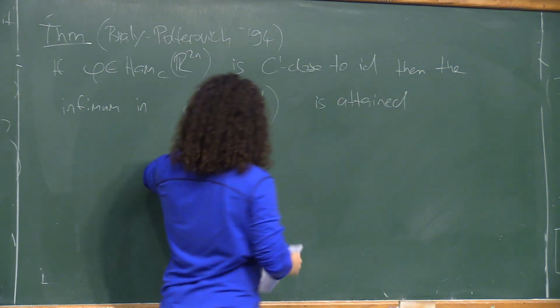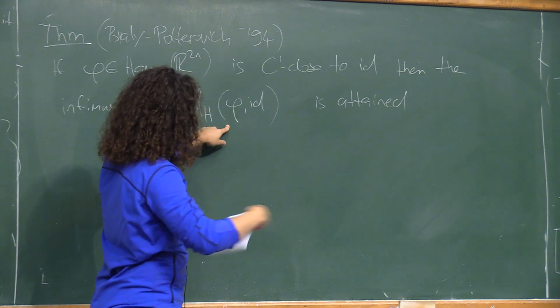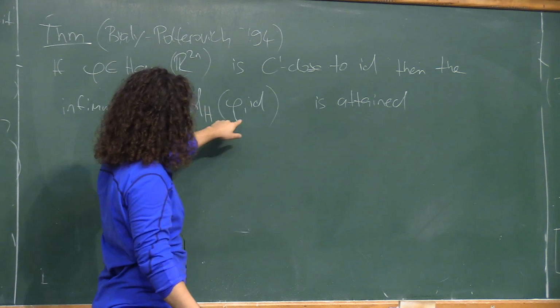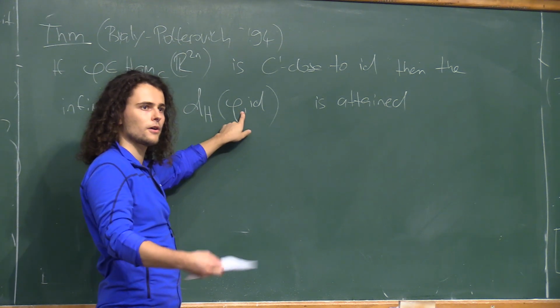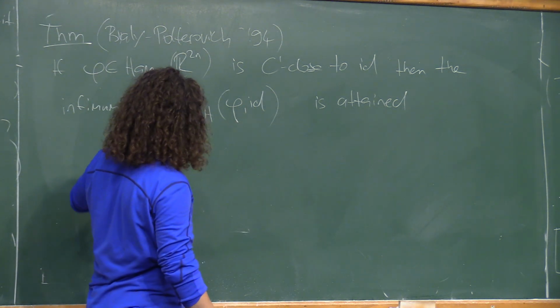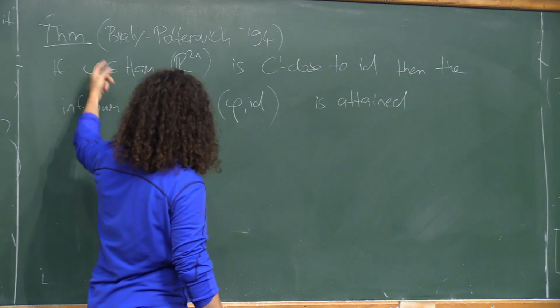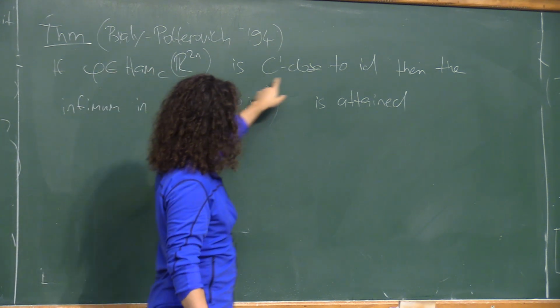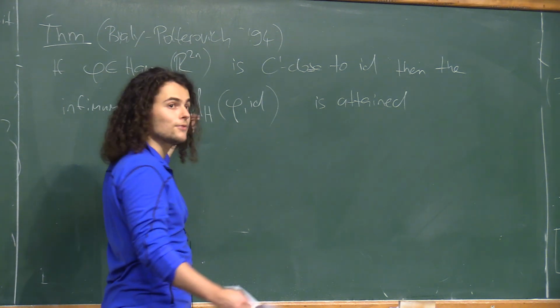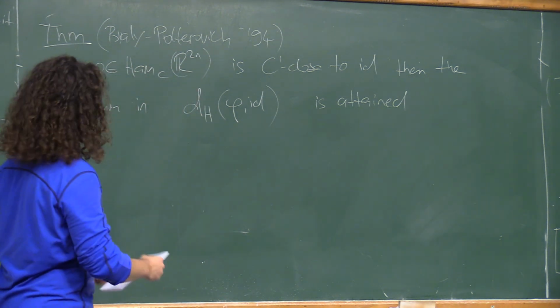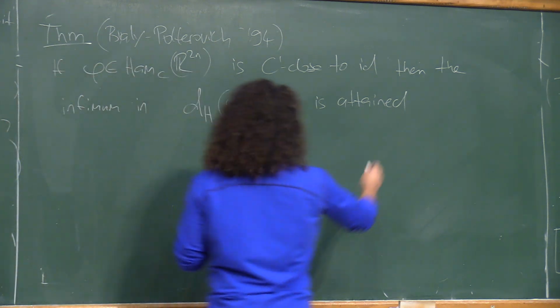Here the infimum is taken over all time-dependent Hamiltonians whose time 1 map is this phi, and for every Hamiltonian I have the Hofer energy of the Hamiltonian. So there's this infimum, and this is saying if we have something that is C1 close to identity, then there's a Hamiltonian which achieves this infimum. So that's true.